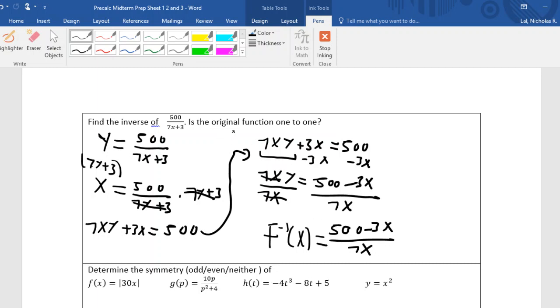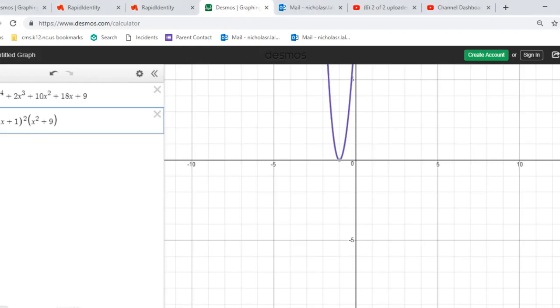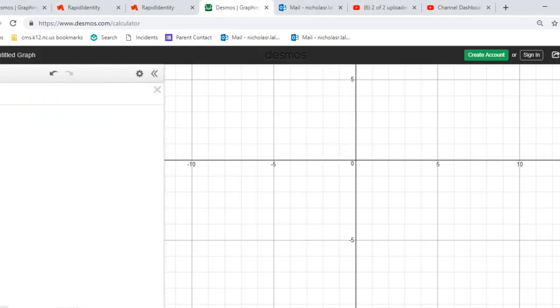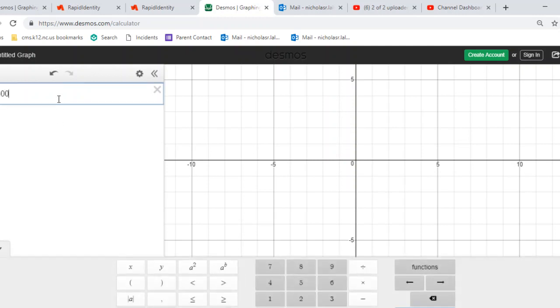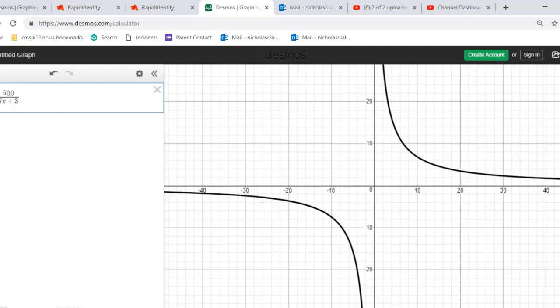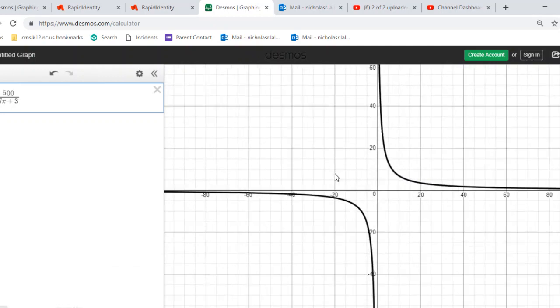Now we need to ask, is the original function 1 to 1? We'll do 500 over 7x plus 3. It's a rational function. A horizontal line will never intersect this graph twice.